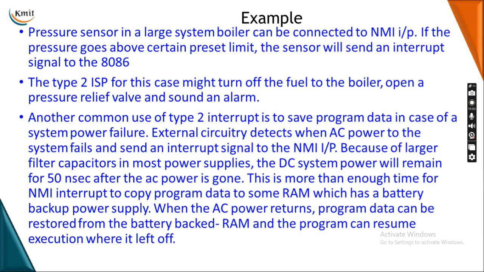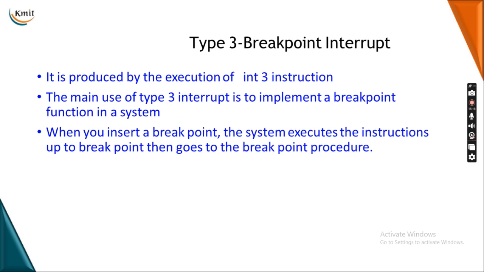For example, a pressure sensor in a large system boiler can be connected to the NMI input. If the pressure goes past a certain preset limit, the sensor will send an interrupt signal to the 8086. Type 3 is the INT 3 instruction, which is the breakpoint interrupt.